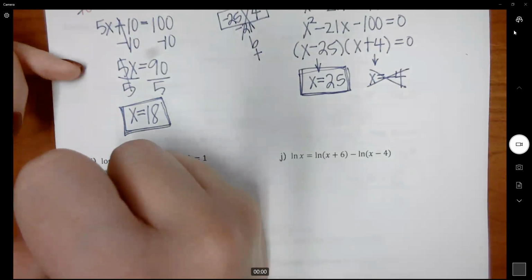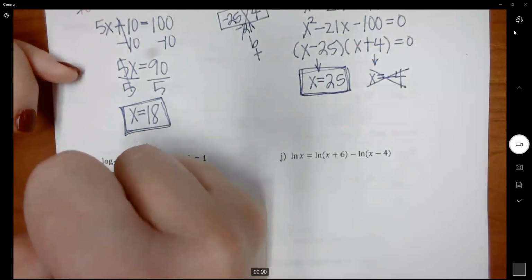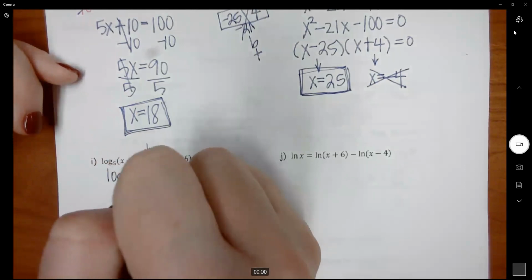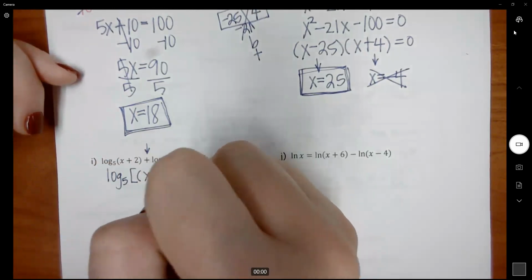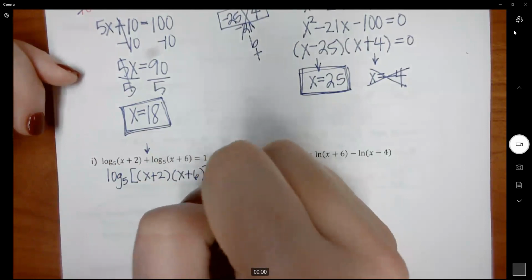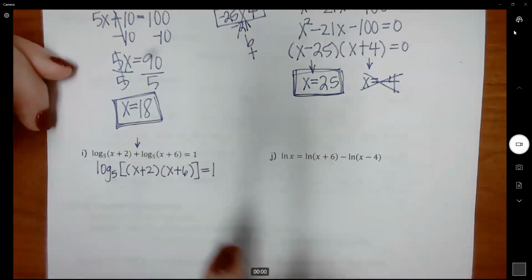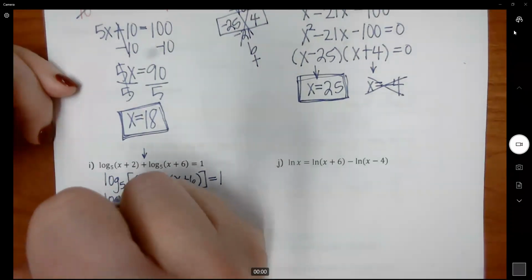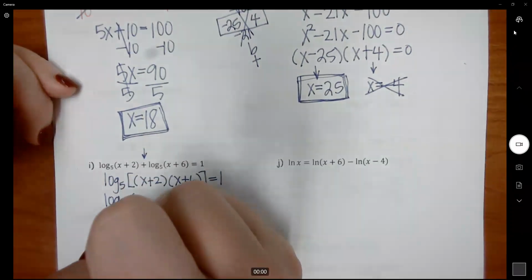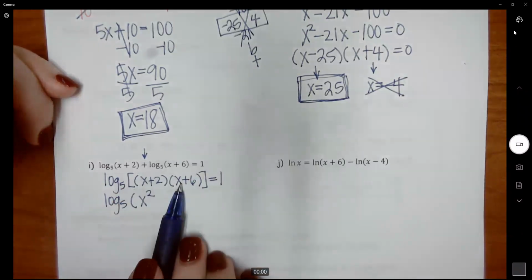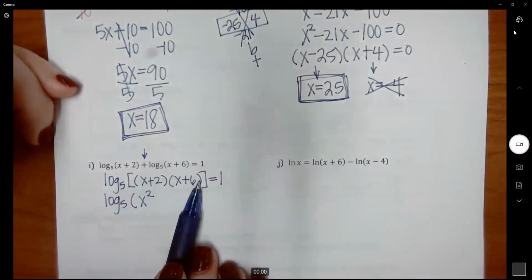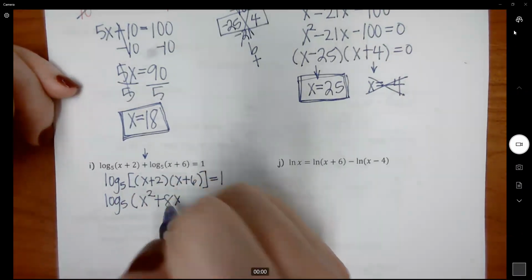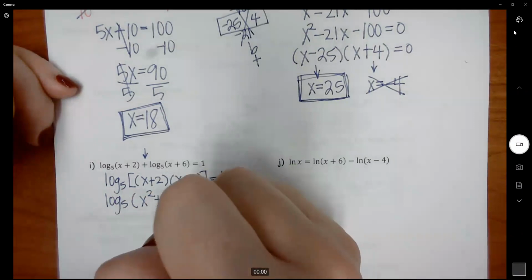So this is log base 5 of x plus 2 times x plus 6, and that still equals 1. So FOIL this out, and we will get log base 5 of x squared, x times x, then you got x times 6 and 2 times x to get plus 8x, and then 2 times 6 to get 12.